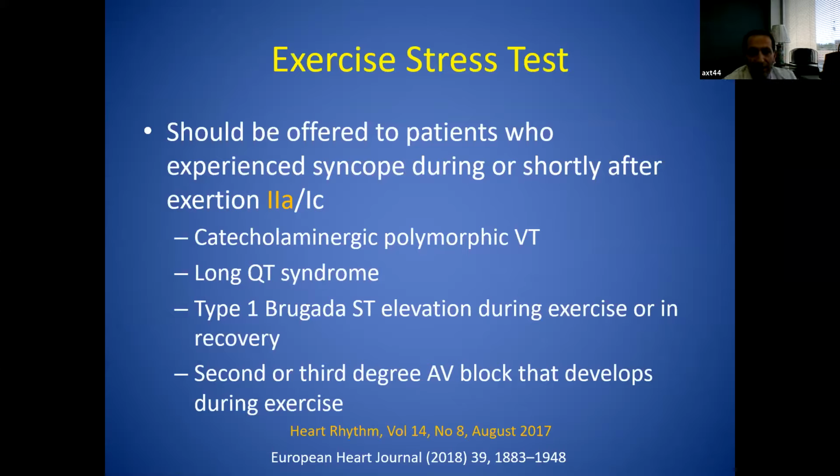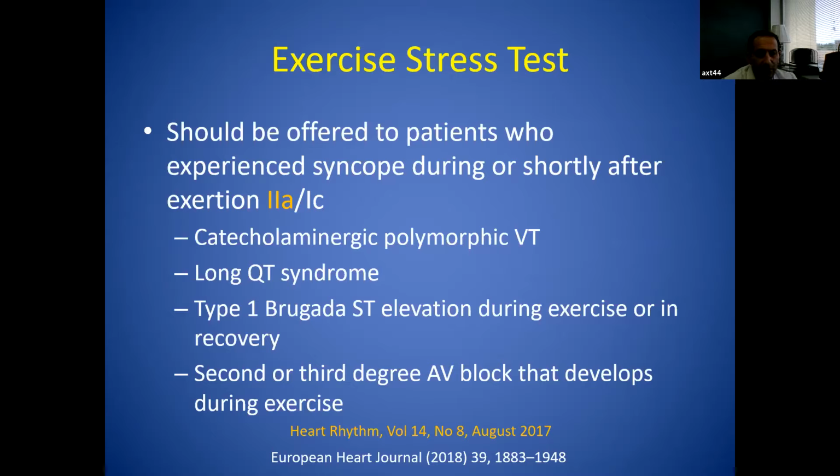Exercise stress test should be offered to patients who experience syncope during or shortly after exertion. Specifically there you're looking for catecholaminergic polymorphic VT. That's a condition where people describe, I pass out when I peak exercise. It's really bad, right? Anytime somebody passes out at peak exercise, not during the recovery period, but at peak exercise, that's bad.